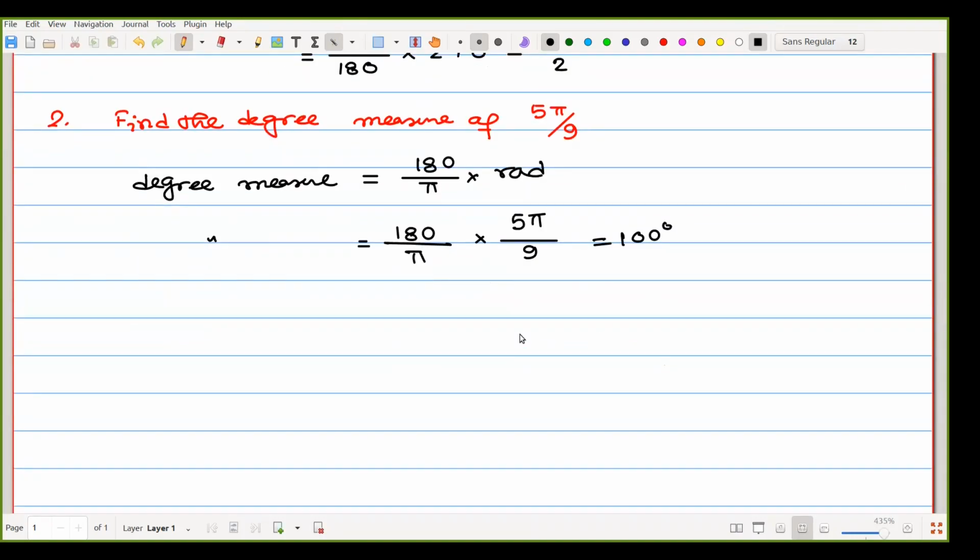Next problem has also been described in the previous classes.